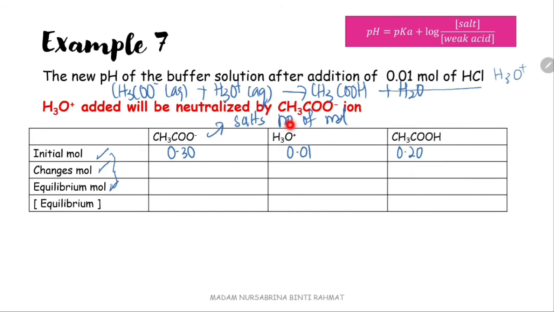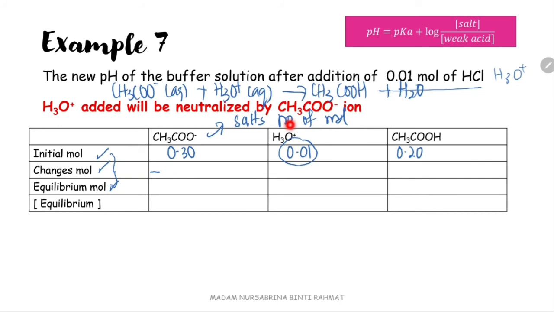What are the changes? For the changes, you have to refer to the neutralization reaction equation, in which I'm using my CH3COO negative. That means the change is going to be negative. How much is the value? Not in terms of X, but you have to refer to the number of moles of the added acid or added base.